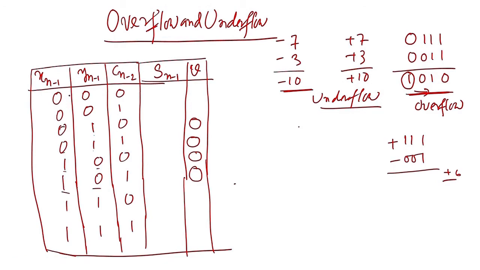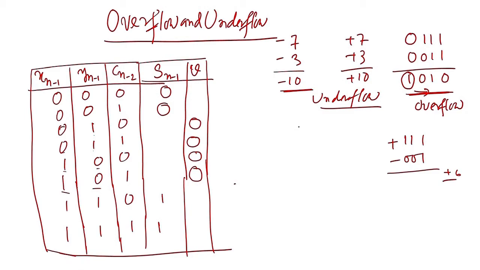Now, if you add two positive numbers, obviously the sign will remain the same, it will not change. Similarly, if you add two negative numbers, the sign will not change.